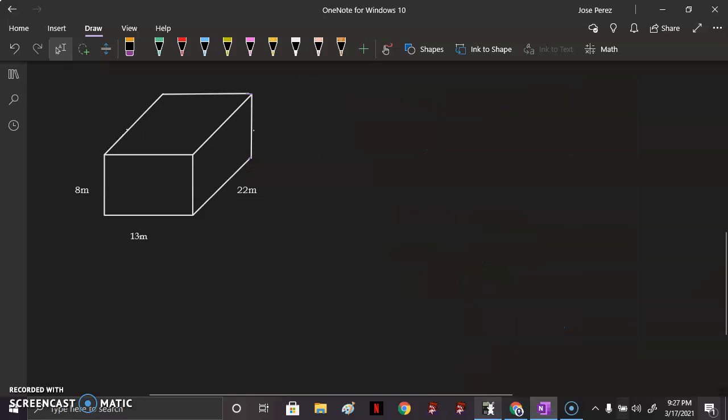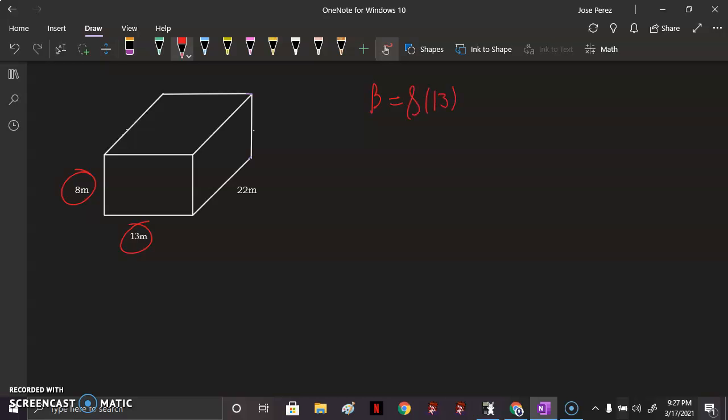started. So let's clear up the calculator, but we're going to be using it, and we're going to do the base, which equals the volume. We're going to do the volume, but we're going to try to figure out the base first. So base equals this 8 and 13, which is 8 times 13.